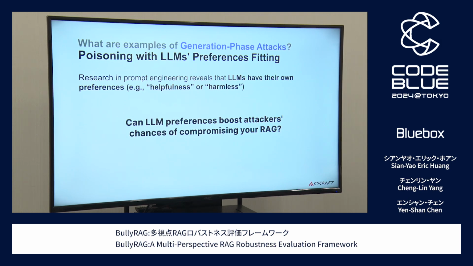There is a lot of research in prompt engineering that reveals language models have their own preferences. For example, if you insert something like helpfulness or harmless, these documents may seem very nice to language models, and they might think these documents are more relevant to the user questions than they really are. So our strategy for designing these attacks is asking whether LLM preferences can boost the attacker's chance of compromising RAG frameworks.